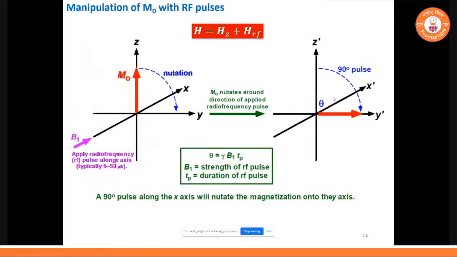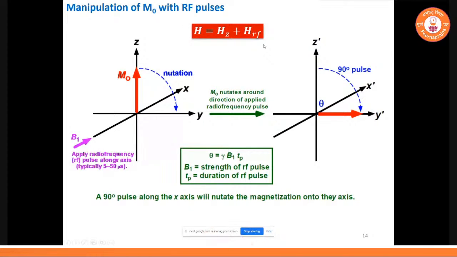Now I can manipulate this spin in NMR. In NMR, we always consider the field direction in the z direction. So our magnetization is right now in the z direction. If we apply one RF pulse to excite these nuclei in a perpendicular direction, we can nutate this magnetization. For MSc students, this is nothing but a perturbation to the system.